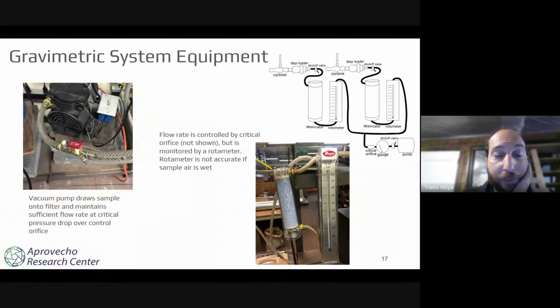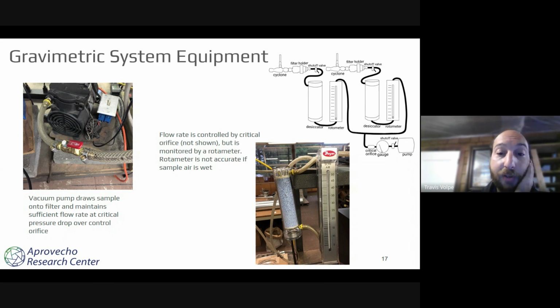A vacuum pump is used to draw the sample onto these filters and ensure that a sufficient flow rate is maintained. Not pictured here is a critical orifice, a small device that ensures that the flow rate through the gravimetric system is always maintained at a specified rate.